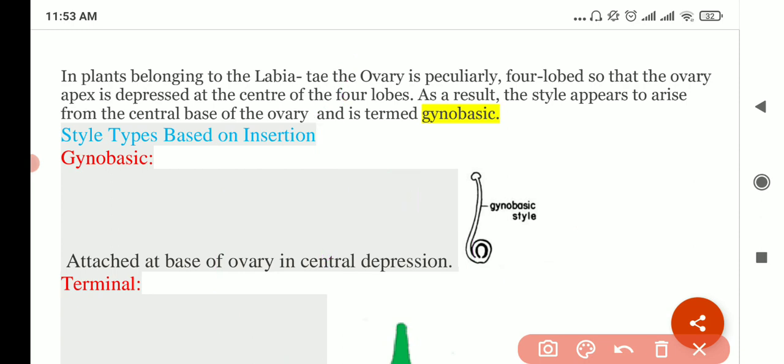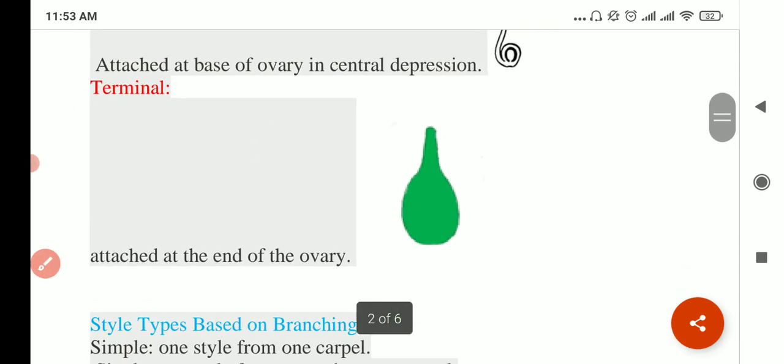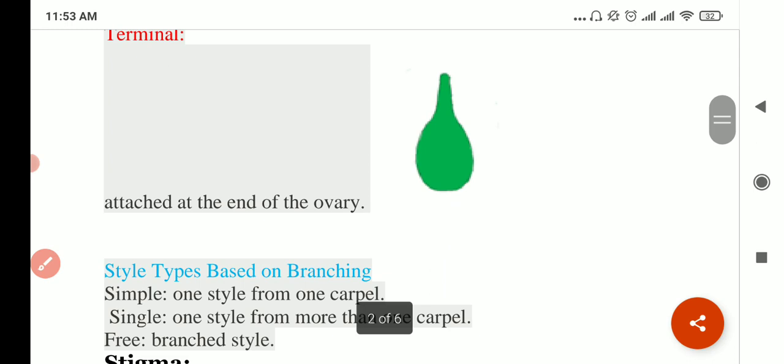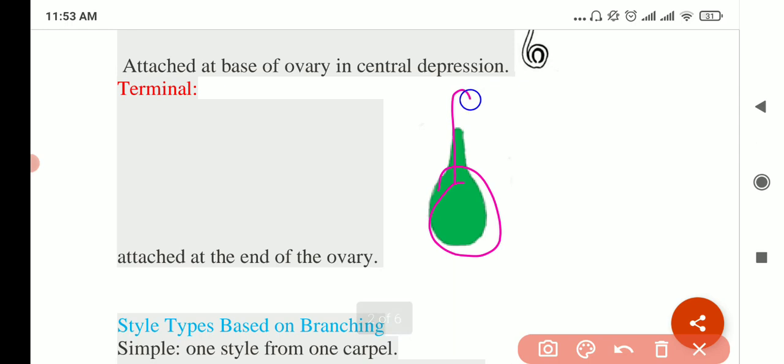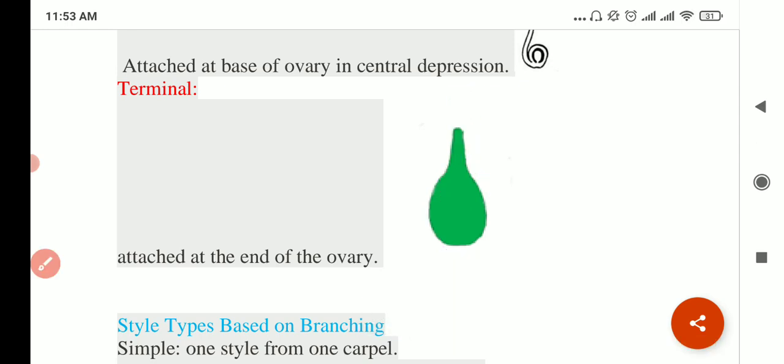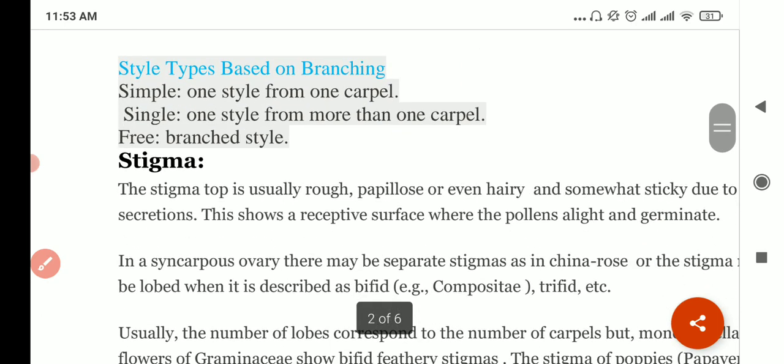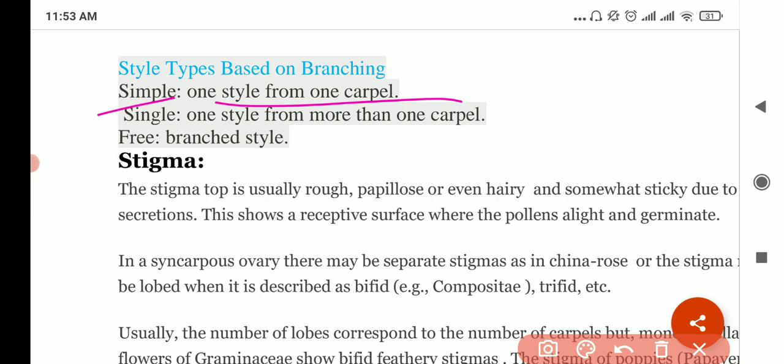Then the terminal style, this one simply from the top of the ovary, this is the ovary, the style will just come up. So that's your terminal. So looking at the types of style based on the branching, they are the simple, one style from one carpel. Okay, simple means just one.